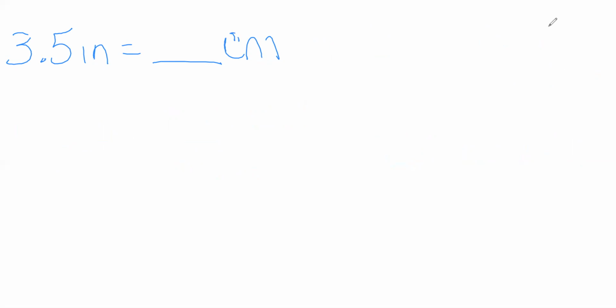All right, so what is our conversion factor for this? Really the only thing you need to know for this is that 1 inch is equal to 2.54 centimeters. This one's pretty easy. So if you want to pause it, this is an easy one. Let's see if you can do this one on your own. Go ahead and pause it now and try to do it yourself before you let me continue.